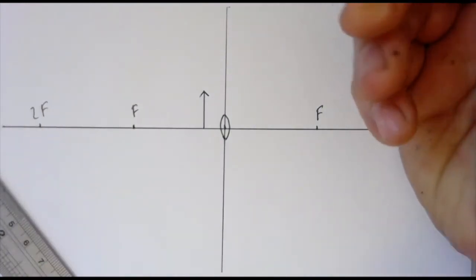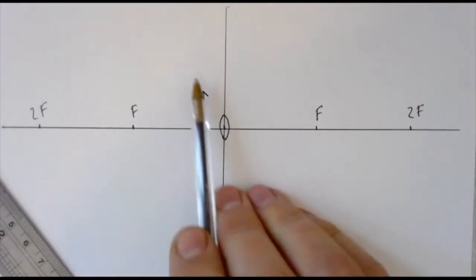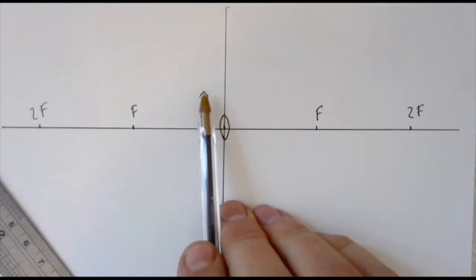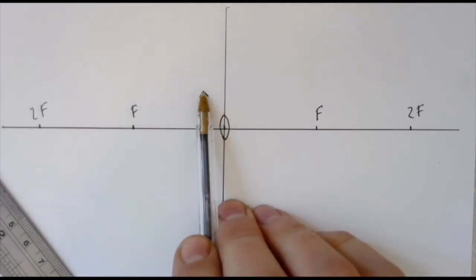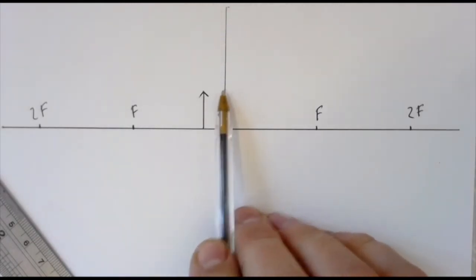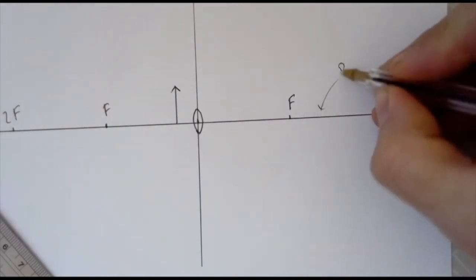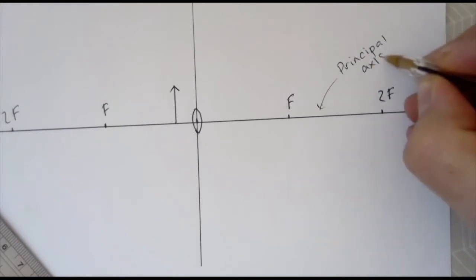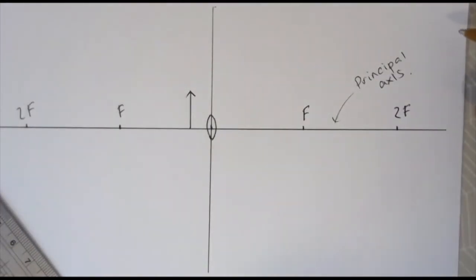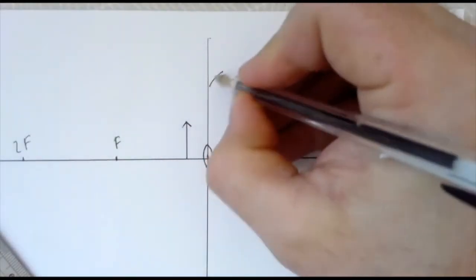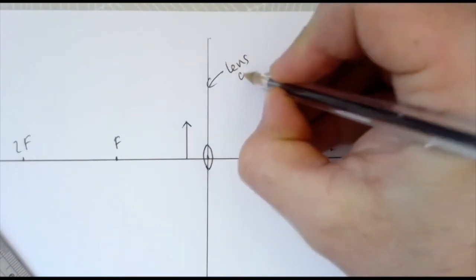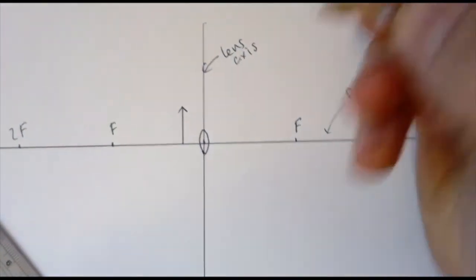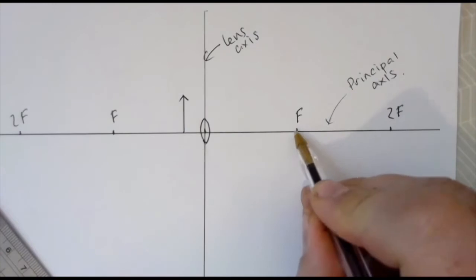So just as before, we're going to draw 2 rays of light, and they're both going to originate from the top of the object. The first one is going to travel parallel to our principal axis, and then when it hits the lens axis, it's going to be deviated towards our principal focus.